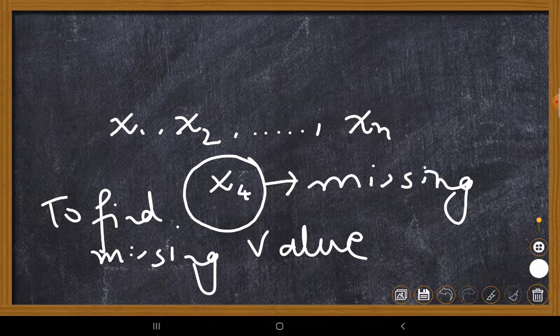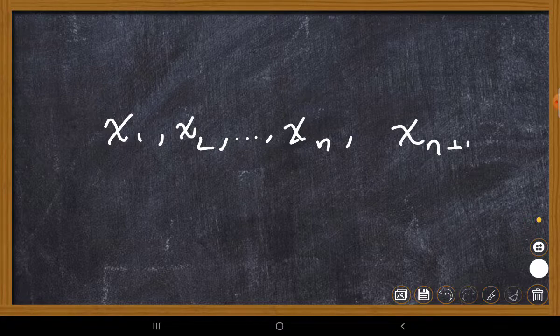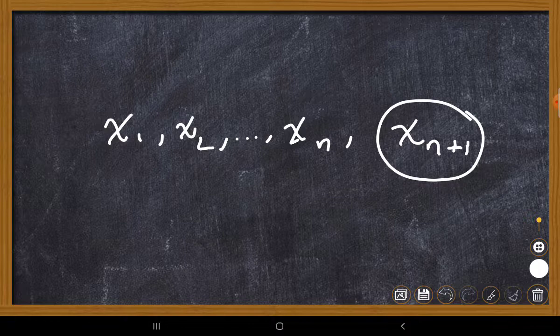Notice here that this x4 lies within this series, between x1 and xn. So interpolation is the technique of finding a missing value which lies within the series. Whereas suppose you again have your series x1, x2 up to xn, and you want to find the value which is beyond xn, say xn plus 1, then in order to estimate this you have to use extrapolation.